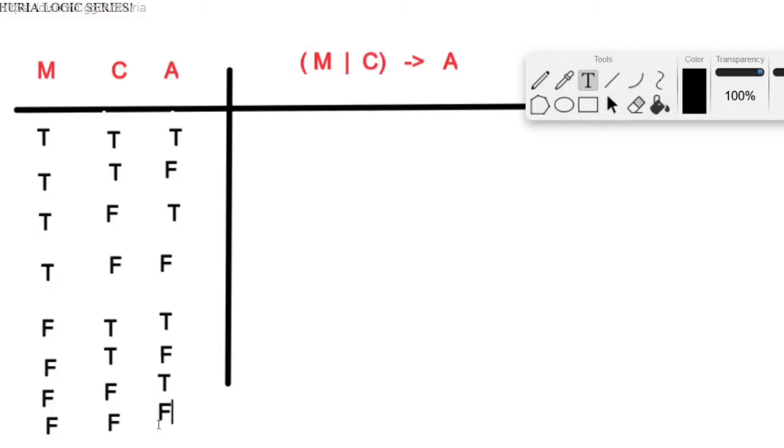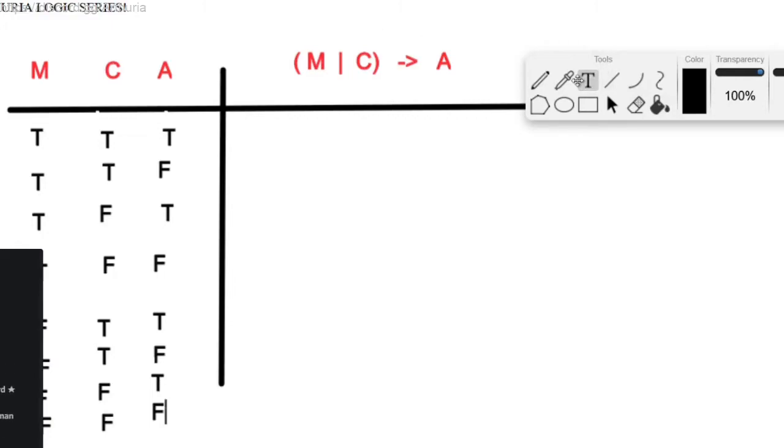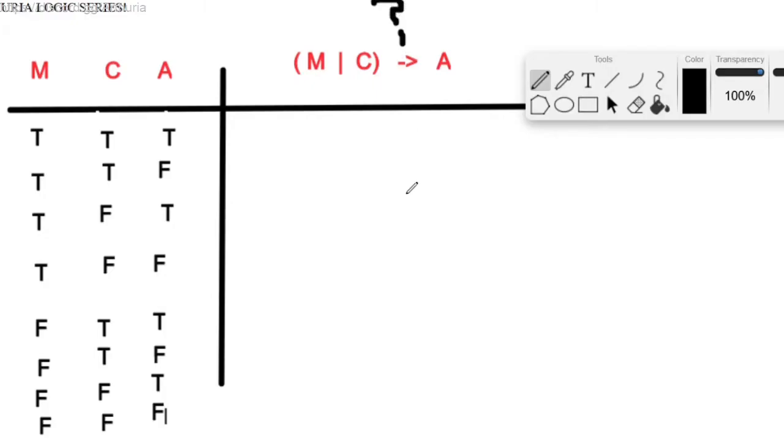Okay. So how do we go about evaluating this statement? I'm interested in, when is this if-then statement true, right? Is this statement true when M is true, C is true, and A is true?